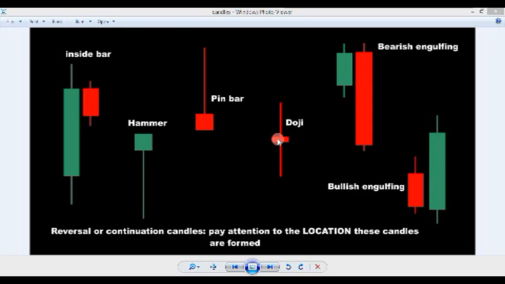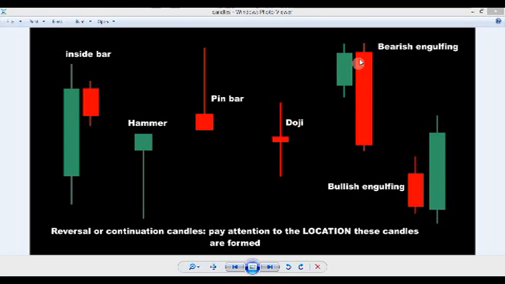It was pushed up by buyers and pushed down by sellers, and this is where they are now. They have not decided where the market will move next. Now what you should do is that when you see a candle like this, watch out for the next candle. It might point to the new direction the trend might be going.